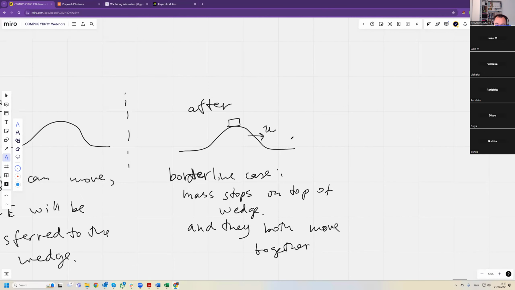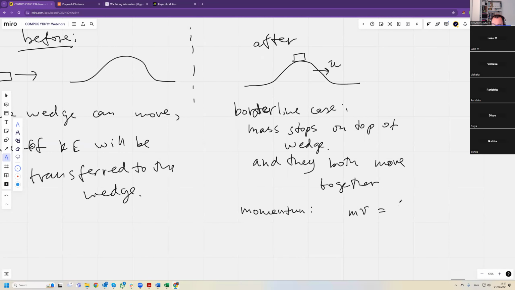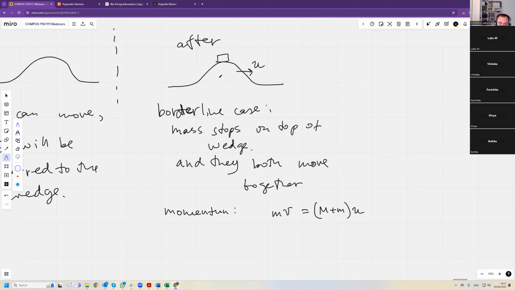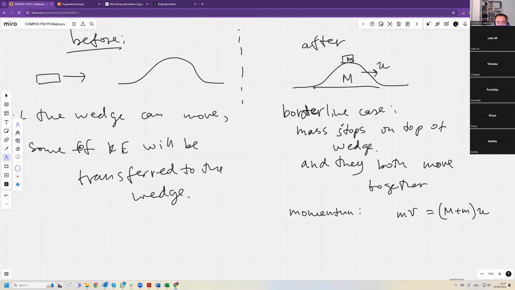All right, so we have conservation of momentum. So we have mv equals m plus m multiplied by u, because that's the mass of the hill and that's the mass of the object.